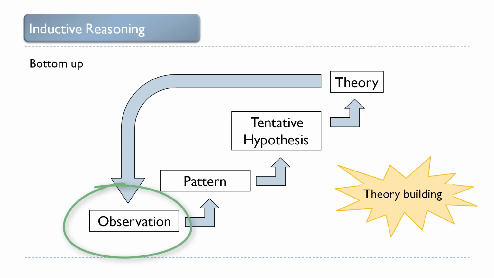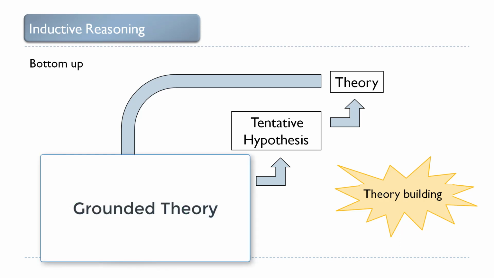That's also why we call this type of inductive reasoning bottom up, because we're starting with the bottom where the data are, at the ground, if you will, and then coming up with theory. And so sometimes this is called grounded theory, because the theory is grounded in the data.